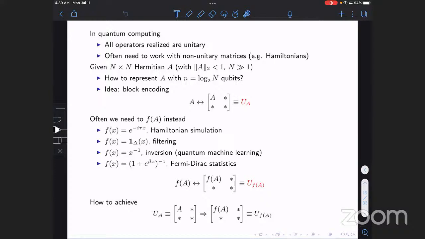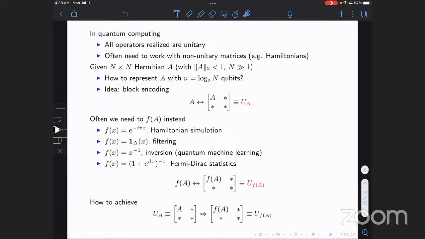Most of the time it's not a unitary matrix. So given an n by n Hermitian matrix A, where n is very large, and the 2-norm of this operator A is less than 1, the key question is: how do we represent A with about log n number of qubits?